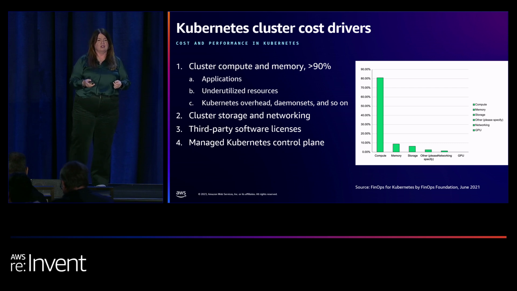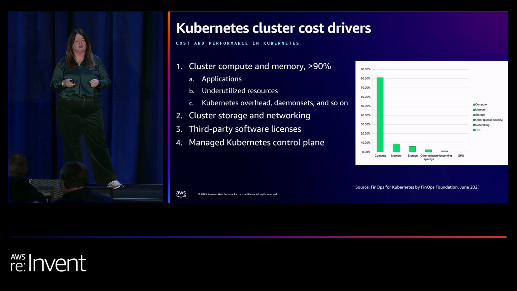And if these costs are coming from applications which have been specified incorrectly for how much CPU and memory they need, then what we see is a lot of underutilized resources. Because you know what it's like, right? You ask somebody, how much CPU and memory do you need to run this application? And more than likely, the first initial estimate is a finger in the air, this is how much I need.